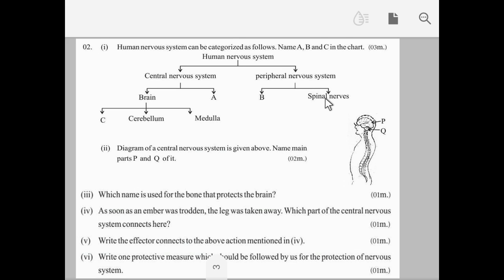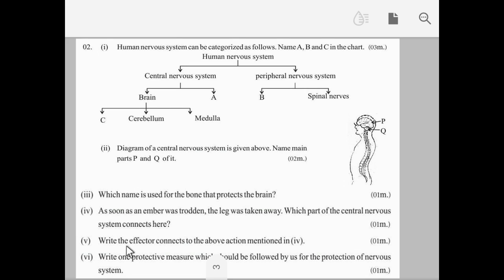That connects spinal nerves. Spinal nerves. The spinal nerves send the signal when an ember was trodden on my leg.